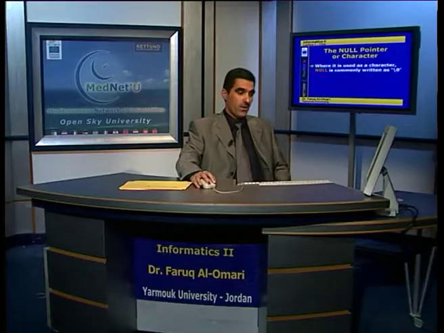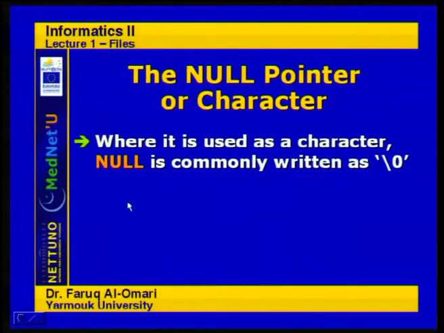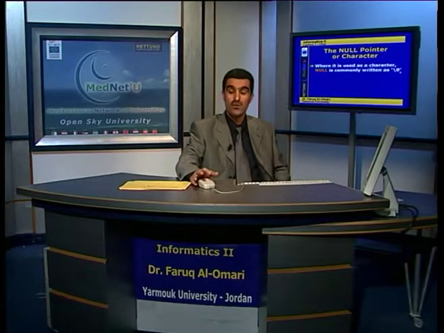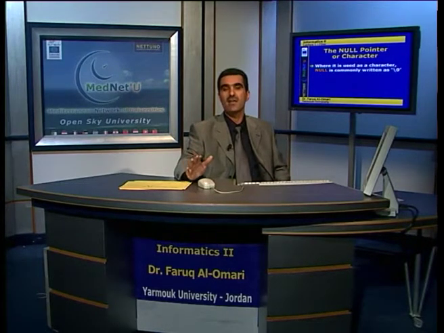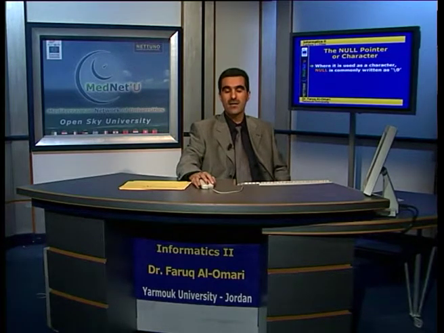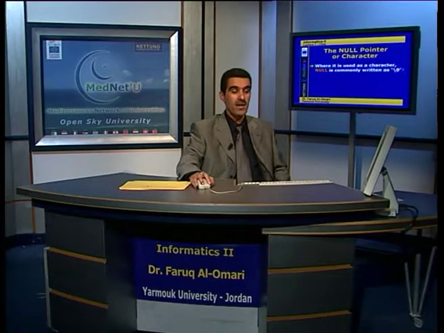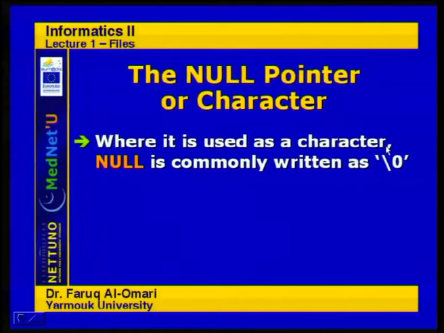Where it is used as a character, the null is commonly written as /0. This is a character, as a matter of fact. We don't see it, however, we implicitly use it. Typically in C, as you have seen in the Informatics 1 course, this special character always terminates any string.